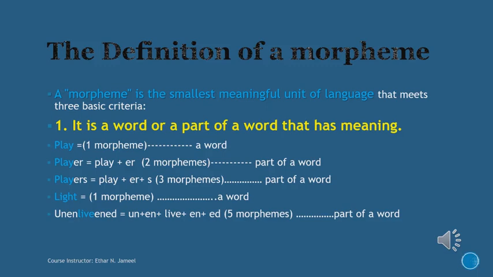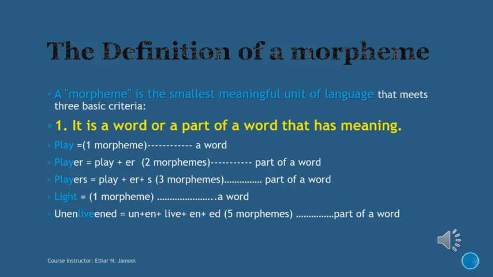Let's consider the word players. We have play plus er plus s. So we have three morphemes. Each one of these three morphemes has meaning. Play has a meaning, er has a meaning, and s has a meaning. S is the plural s, so it has the meaning of plurality.